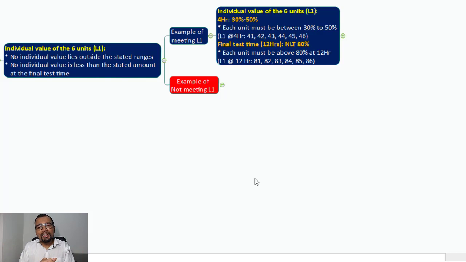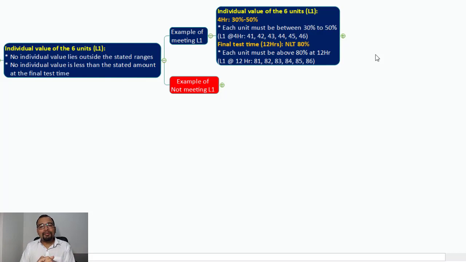Our requirement is each unit must be between 30 to 50%. Let us assume that this is the observed data: 41%, 42, 43, 44, 50, 45, and 46. These are random figures I have used just to demonstrate how one can interpret the dissolution.